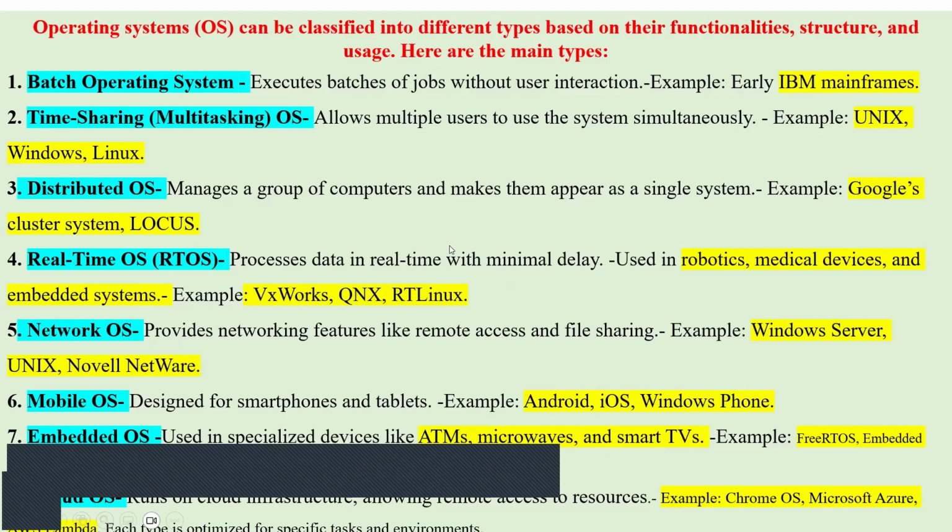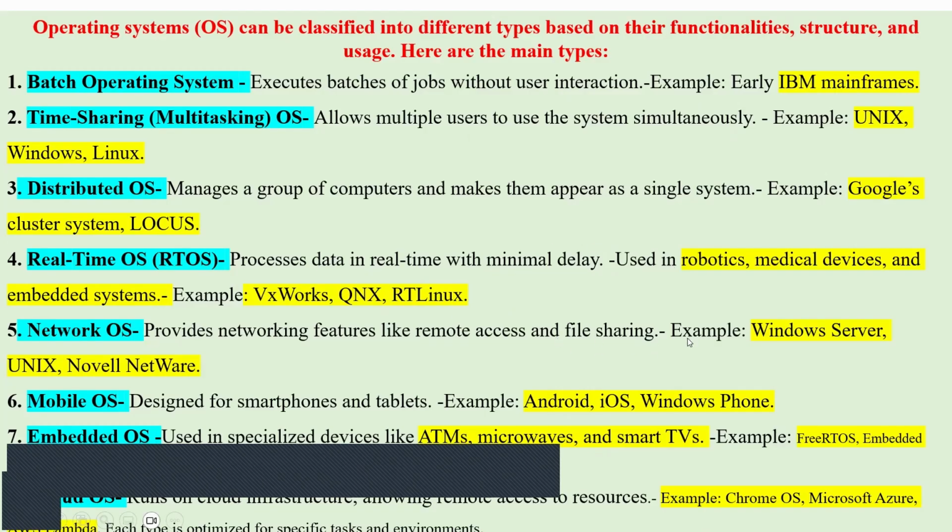The fourth is the real-time operating system, which processes data in real time with minimal delay and is widely used in robotics, medical devices, and embedded applications. Examples are VxWorks, QNX, and RT Linux.